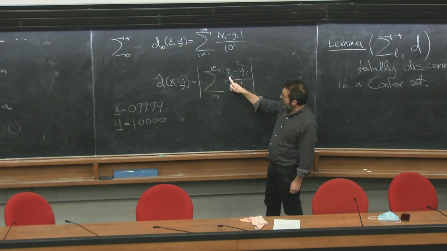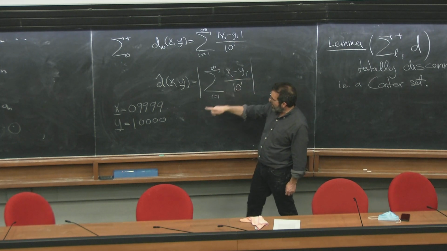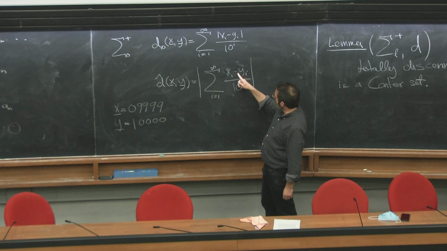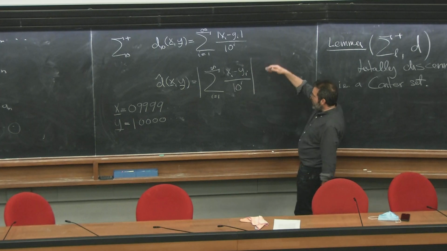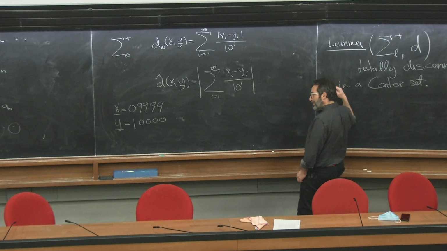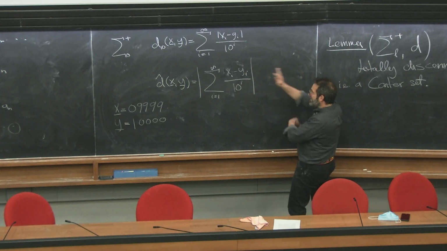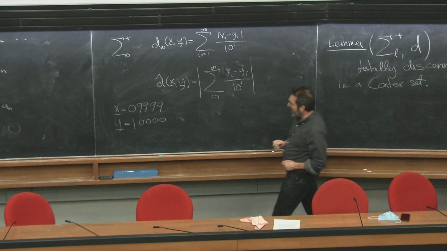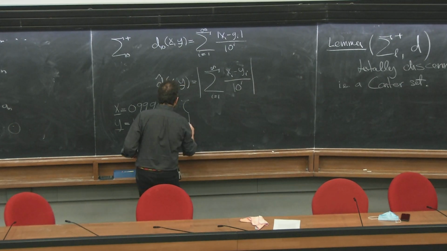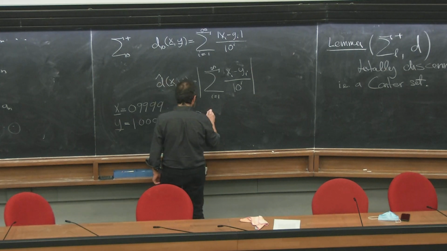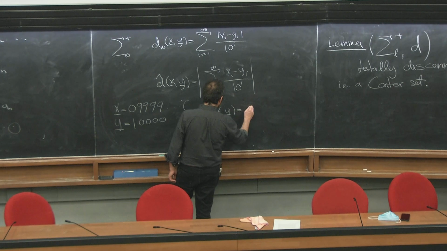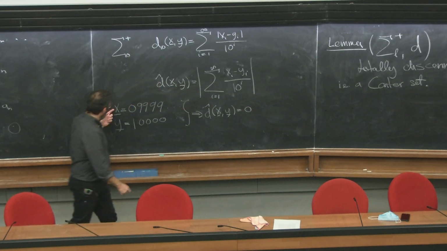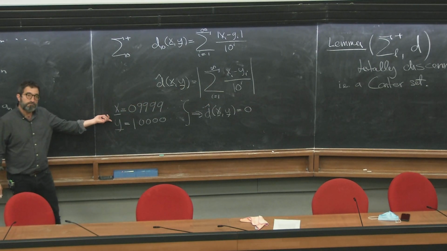For the first term, you will have -1 over 10 plus the infinite sum of 9 over 10 squared, and so on, and this infinite sum will exactly cancel that out. So you can check this. I left it as an exercise. Then d hat of x bar and y bar equals 0, even though these two sequences are not the same.